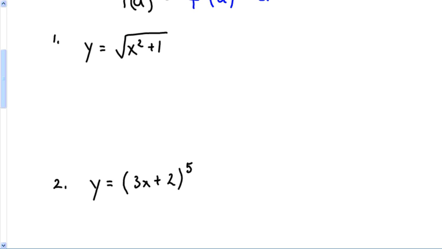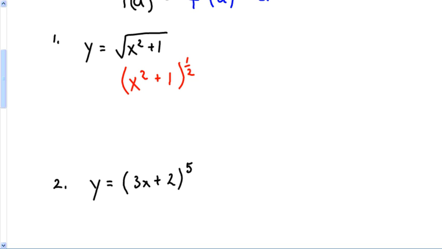So what I'm going to do is change this to x squared plus 1 to the 1/2 power. Now it makes a little more sense to look at.